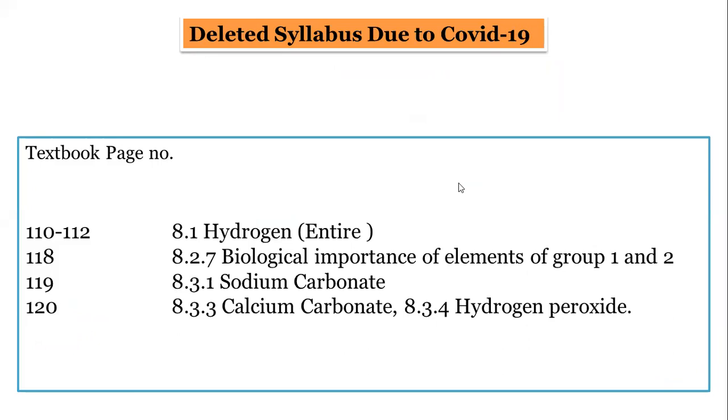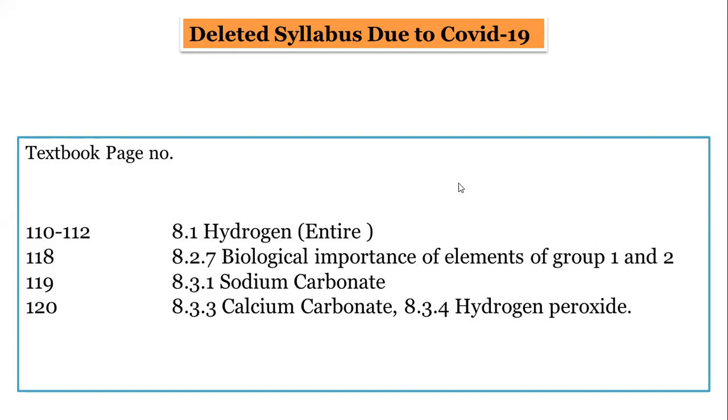Then chemistry in everyday life, chapter number 16. Then chapter number 1, basic concepts of chemistry is completed. Introduction to analytical chemistry, chapter number 2. Chapter number 3, chapter number 4, structure of atom is completed. Then chapter number 6, redox reaction is completed. Then chapter number 7, modern periodic table is completed. And today this chapter is started because it is related to the periodic table.